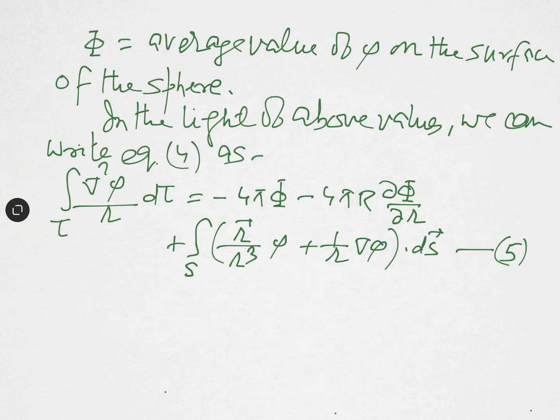Now let the sphere of radius capital R shrink, and so after shrinking it will reach just to the point O. In that condition, the average value of potential on the surface of the sphere, that is capital phi, will be just potential small phi at the point xyz.